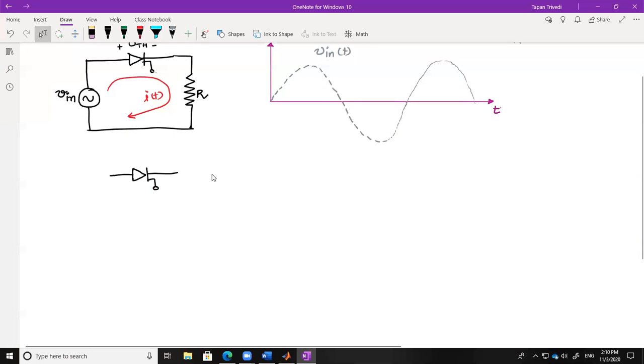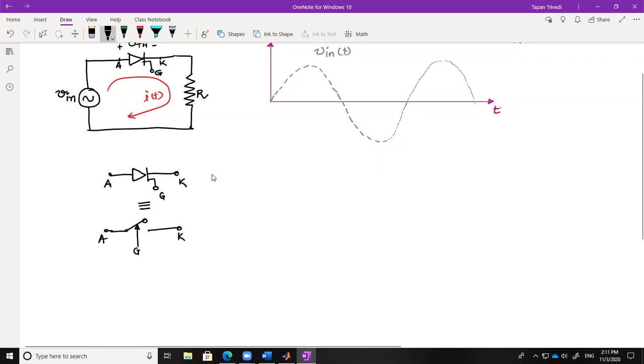So I can represent this equivalently as a switch like this, which can be controlled from terminal G, whereas other terminals are anode and cathode. So there are three terminals: A, K, and G.